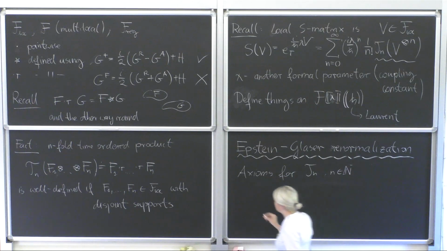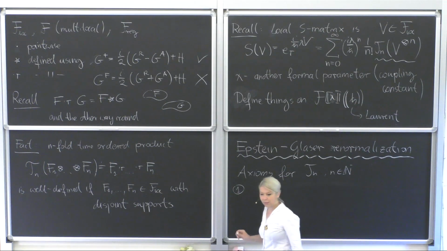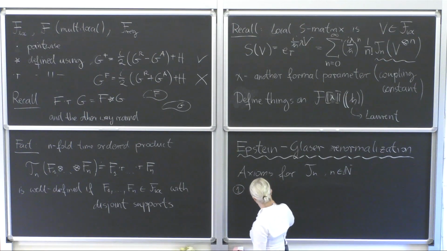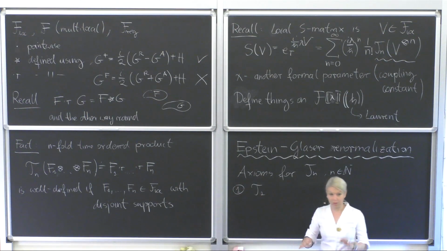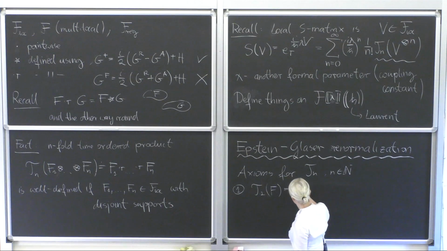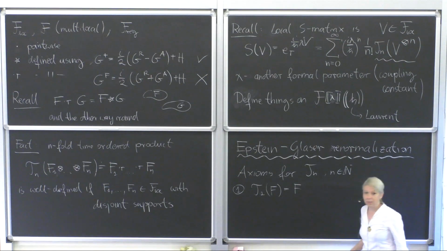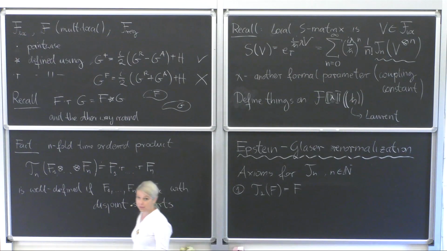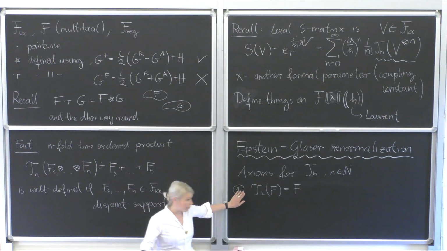Okay, so the first one, maybe it's a bit silly, it's just, okay, so what's T1? We have to fix T1. So the time-ordered product with one argument. And let's say it's actually not a bad idea to set this to be the identity. Okay, one can do something more general.